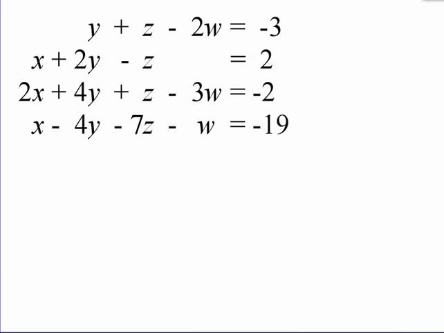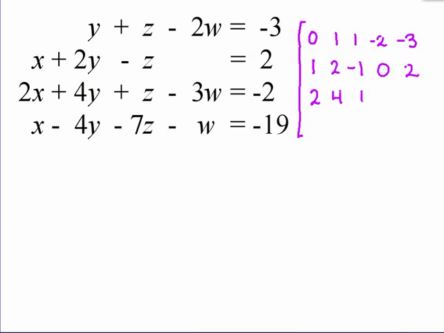Okay, now this one, what you're gonna wanna do is, I know W comes before X, Y, and Z. Well, we're gonna treat W as coming after Z. So really, it should be 0, 1, 1, negative 2, negative 3. Then 1, 2, negative 1, 0, 2. Now, are you gonna need to write these out? No. You can probably just look at the problem in the book and type them in on your calculator.